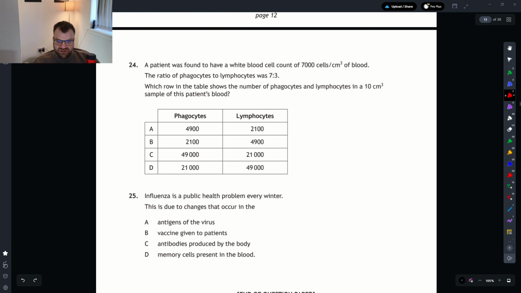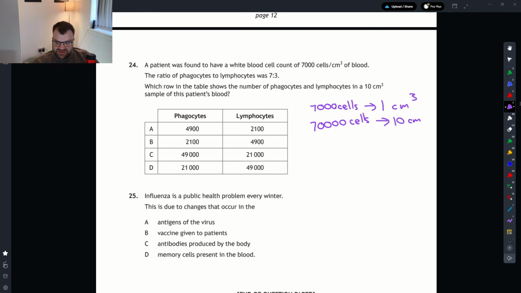Next one, ratio. White blood count. Oh, right. So what have we got? We've got 7,000 cells in 1 centimeter cubed. So that means we have 70,000 cells in 10 centimeter cubed. It's a 7:3 ratio. That is 10 parts in total.